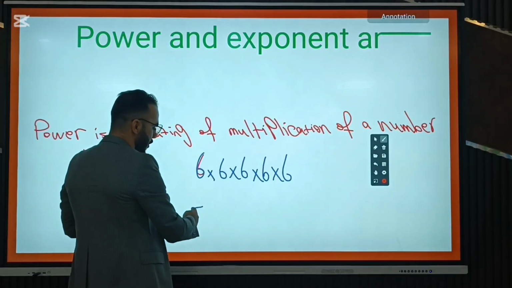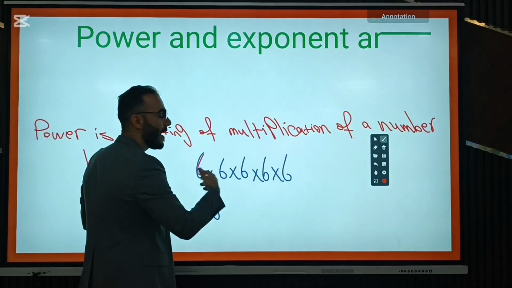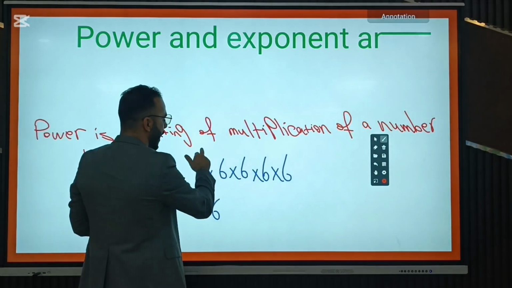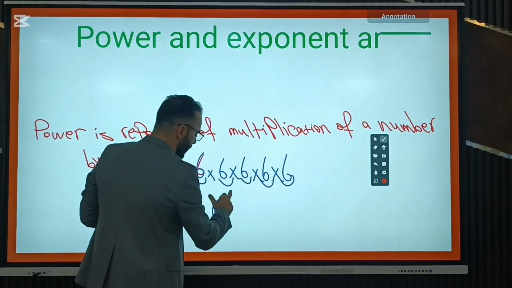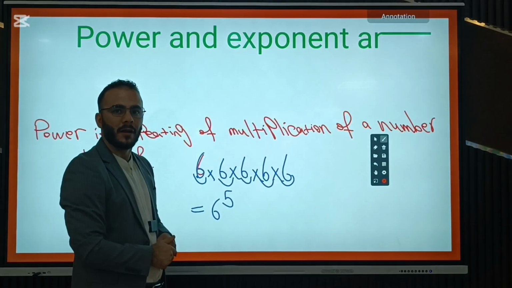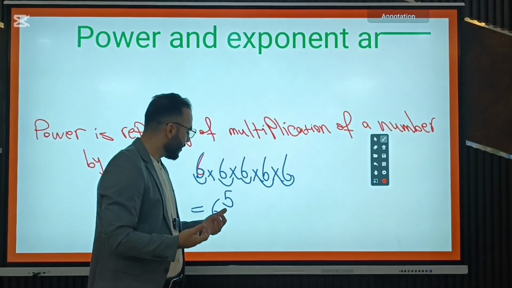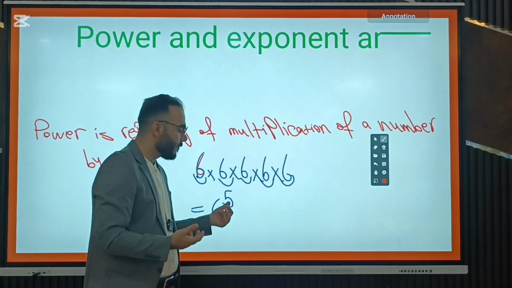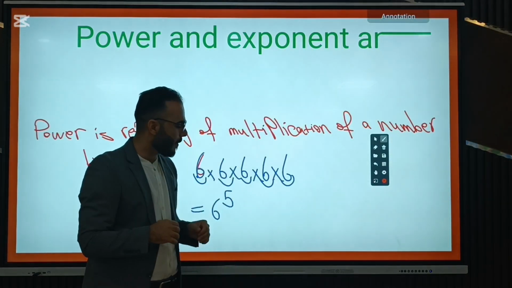So it's equal to 6 to the power of, or powered by, or raised by, how many times it's multiplied by itself? 5 times. So we say 6 powered by 5, or 6 to the power of 5. This 5 tells us that we multiply this 6 five times by itself.